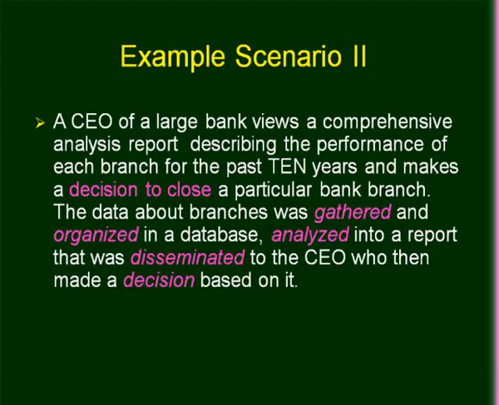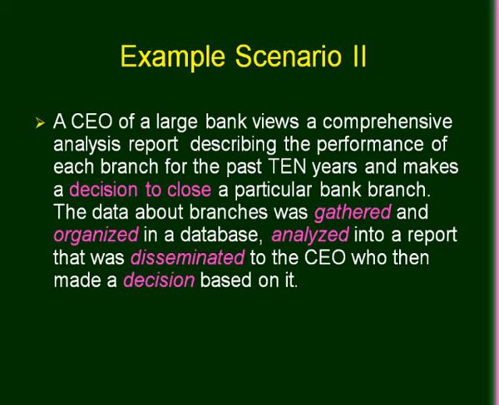A CEO of a bank wants to find out the top branches. A CEO of a large bank views a comprehensive analysis report describing the performance of each branch for the past 10 years.